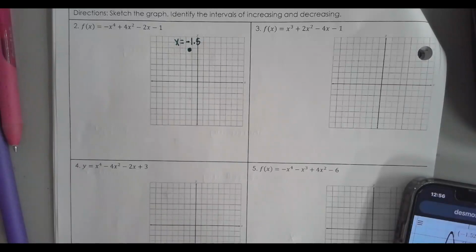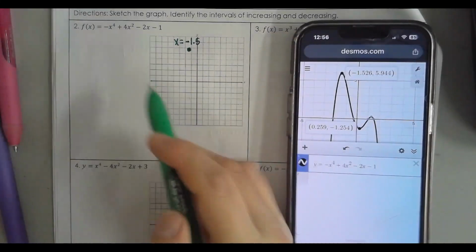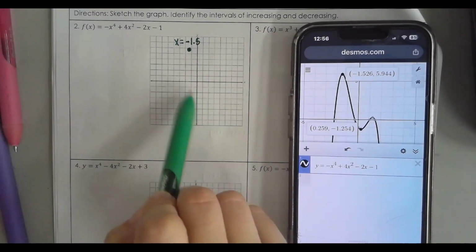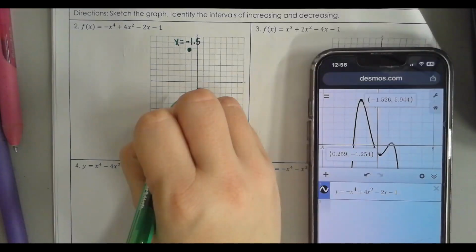And then we have a minimum. So it's 0.3, so go just a little bit past the origin, and then down 1, 0.3.